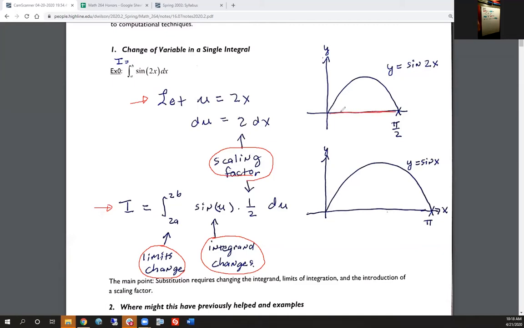This length in sine 2x would be a length of pi over 2. The length in sine x, of one bump, would be pi. And if we went this direction, you could think about it as that we've scaled up.